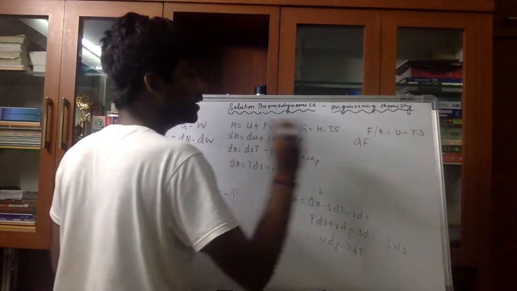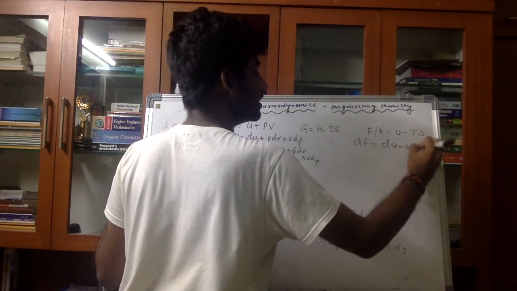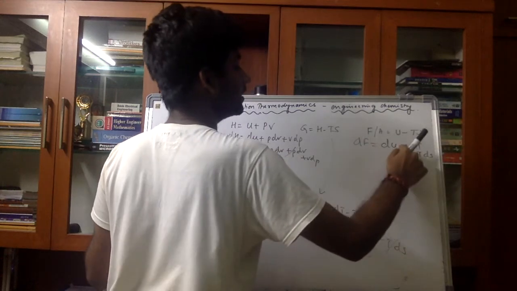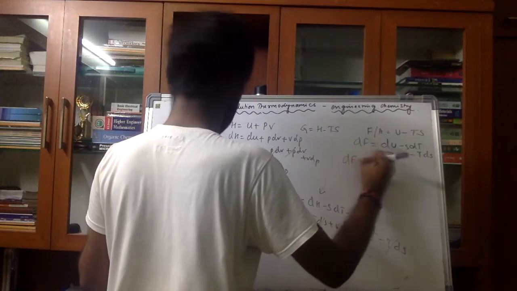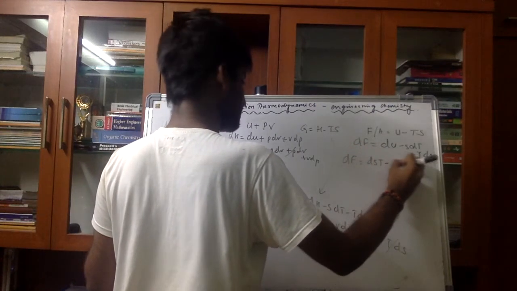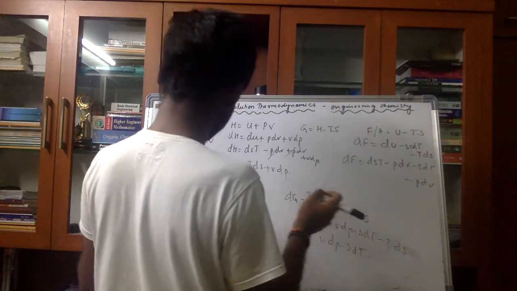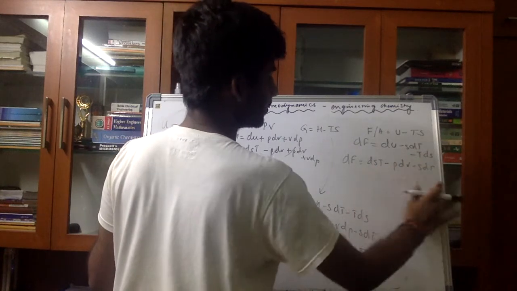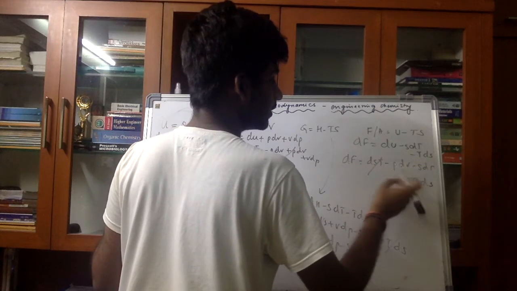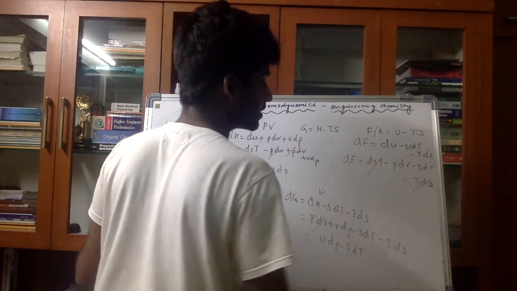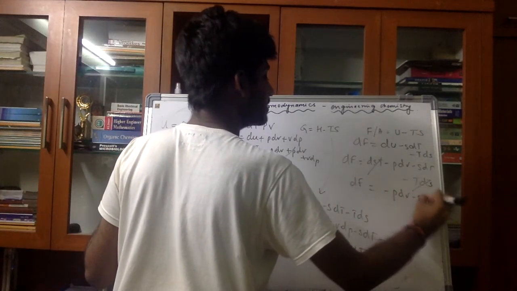For now I'm writing it as dF. dF is equal to dU minus TdS minus SdT, which is dTdS minus PdV minus SdT minus TdS. Then TdS minus TdS gets cancelled, so this is equal to minus PdV minus SdT.